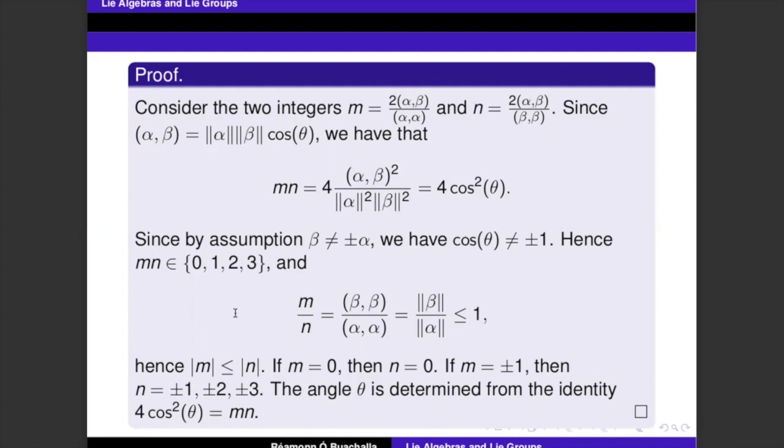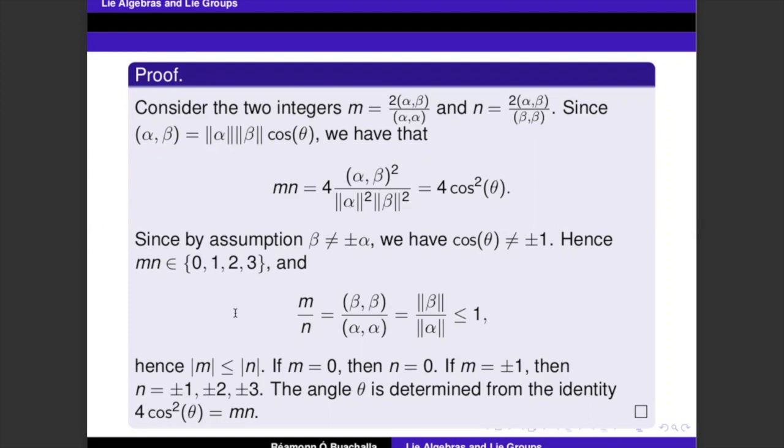But that's not the case. So we can exclude the possibility that cos is equal to plus or minus 1. So the square of cos will have to be greater than or equal to 0 and strictly less than 1.